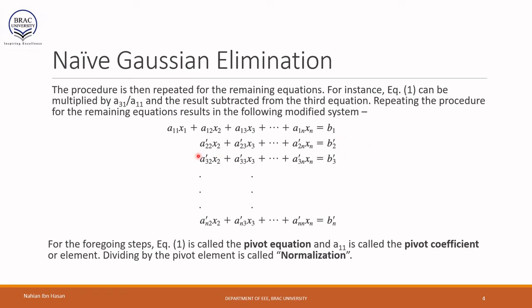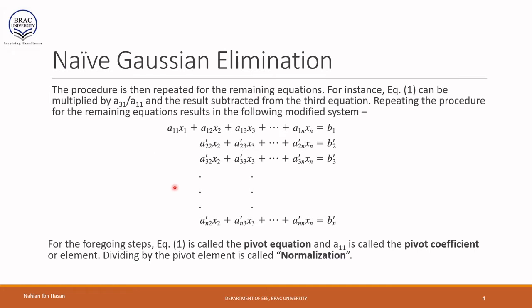Similarly, we multiply the first equation by a31 divided by a11, the same kind of parameter.